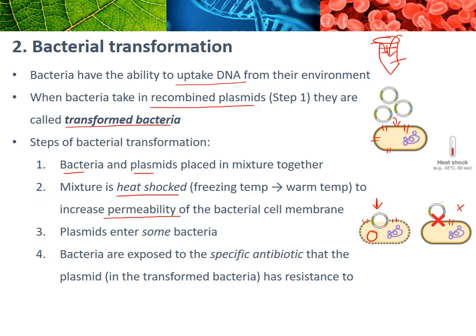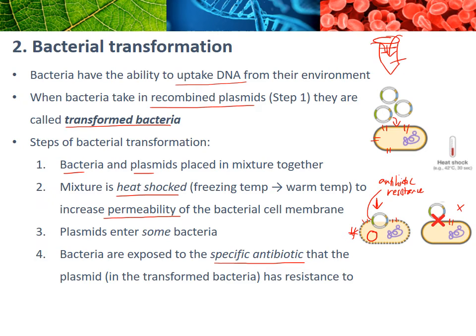This is the importance of our antibiotic resistance. Remember before we said that our plasmids, the recombined plasmids, have antibiotic resistance, which means they can survive antibiotics. We only want to keep the bacteria that have taken in the plasmid, so we want to destroy all the ones that haven't.